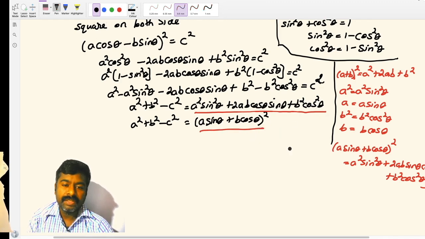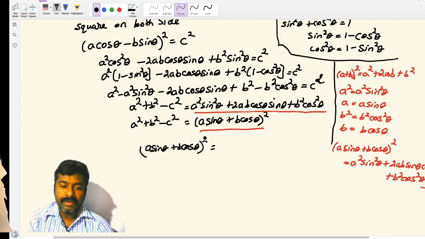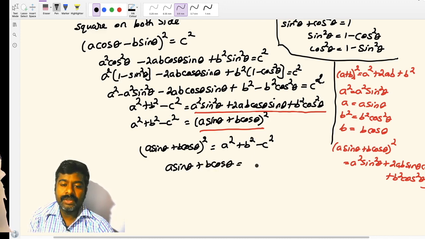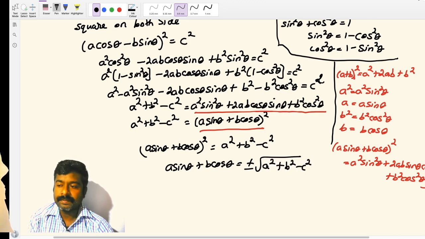So the left hand side is a sin theta plus b cos theta the whole square equals a square plus b square minus c square. Take the square to the right hand side. Therefore, a sin theta plus b cos theta equals plus or minus root of a square plus b square minus c square.